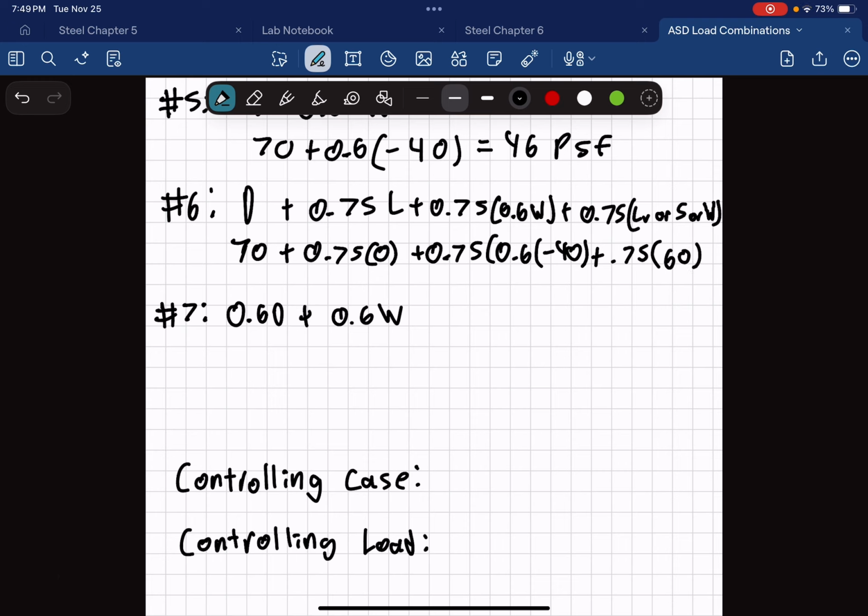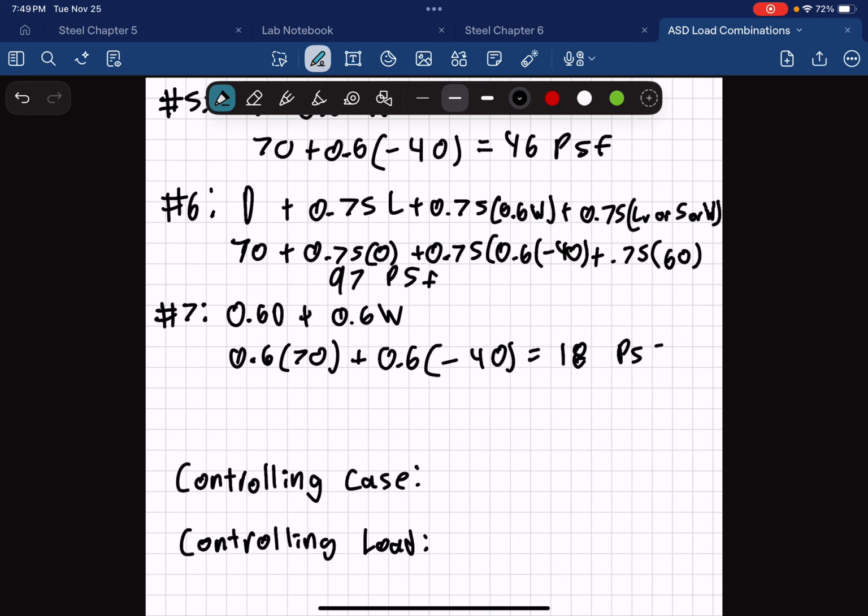Plug that all into your calculator, you are going to have 70 plus 0 plus 0.75 times 0.6 times negative 40 plus 0.75 times 60. You're going to get 97 PSF. And then our last one, we have 0.6 times 70 plus 0.6 times negative 40, which is 18 PSF.